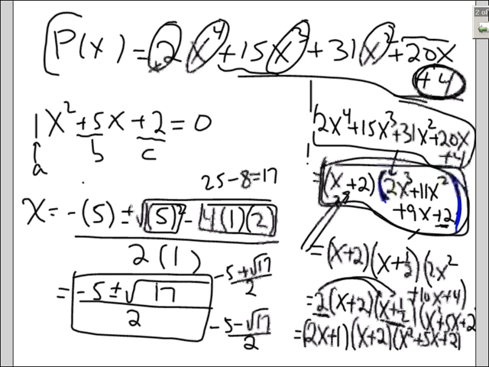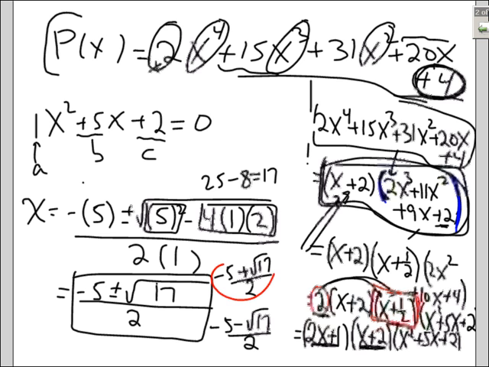Those are 2 zeros, and from x plus 2, we knew that negative 2 was a 0, and we get 2x plus 1, which came from 2 times x plus a half. Well, x plus a half is 0 when x is negative a half. So we found the 4 zeros.